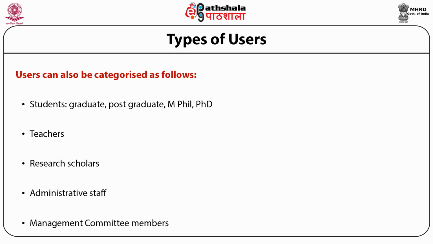Management committee members also visit the academic library for various purposes. In addition to these types of users, there could be other stakeholders who would have interest in college, university, or school library.